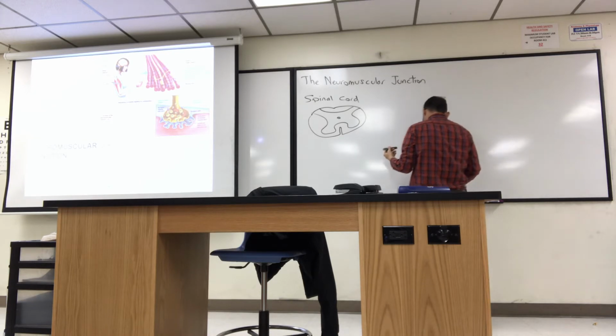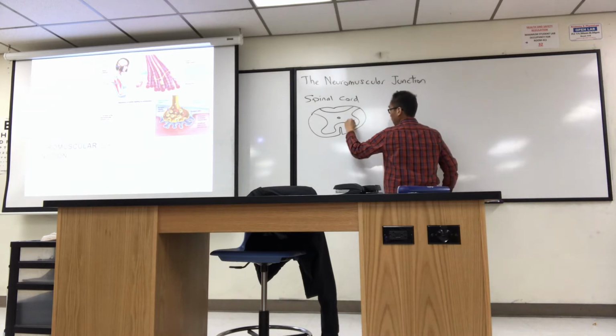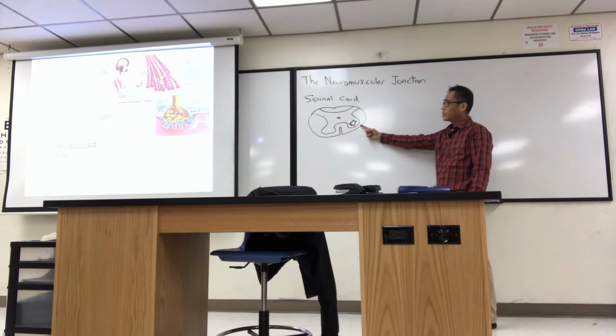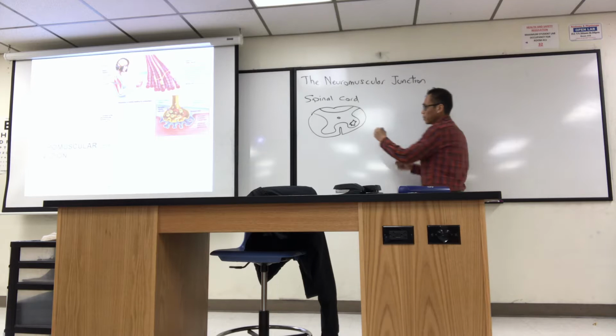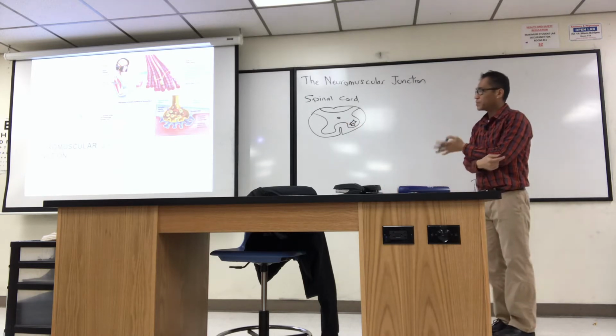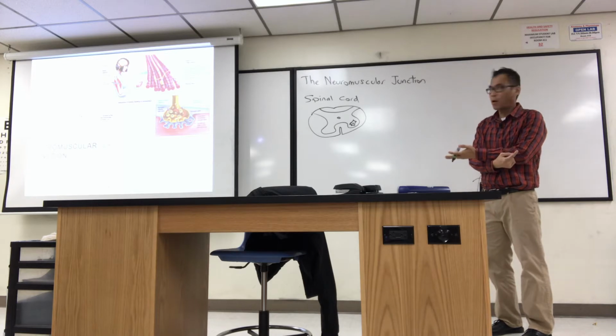So, for example, there's the cell body, specifically of the nerve that's in this part of the spinal cord. It's called the ventral horn. We'll learn that later. But the cell body, which is the nerve cell, is in the protection of the spinal cord. The spinal cord is in the vertebral column.